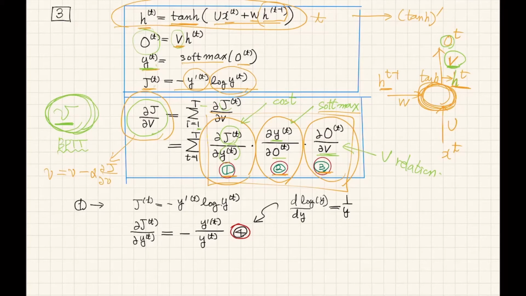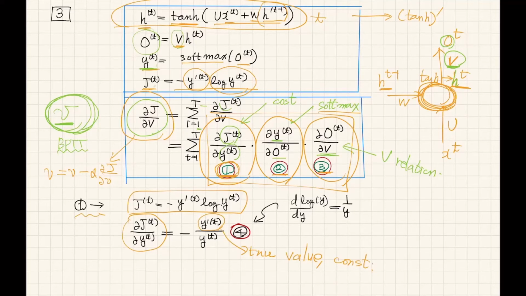Now, number one task. Number one is the cross entropy function, and the derivative of the cost function with respect to y is minus y dash t divided by y_t, because y dash t is the true value. In the mathematical description, that is a constant, so we don't worry about that.